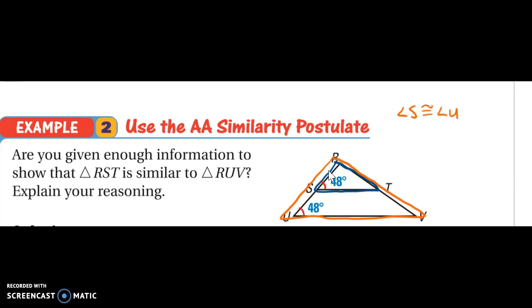And if you look closer at angle R, notice that both of these triangles, the blue one and the orange one, share angle R. Both triangles have angle R in common, and angle R is congruent to angle R. So here we have two angles, and that's enough to use the angle-angle similarity postulate. So here we're going to say that yes, we do have enough information.